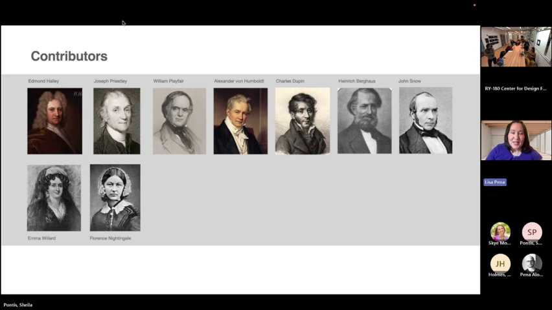These individuals came together to start to take information away from the written word and into the visual space that we know today. These are the more well-known, the ones I found repeated in many textbooks that I looked at. They certainly should be celebrated for the works that they produced, but I feel that there's certainly more that we can bring into the fold and celebrate in addition to these individuals. Go ahead, Sheila.